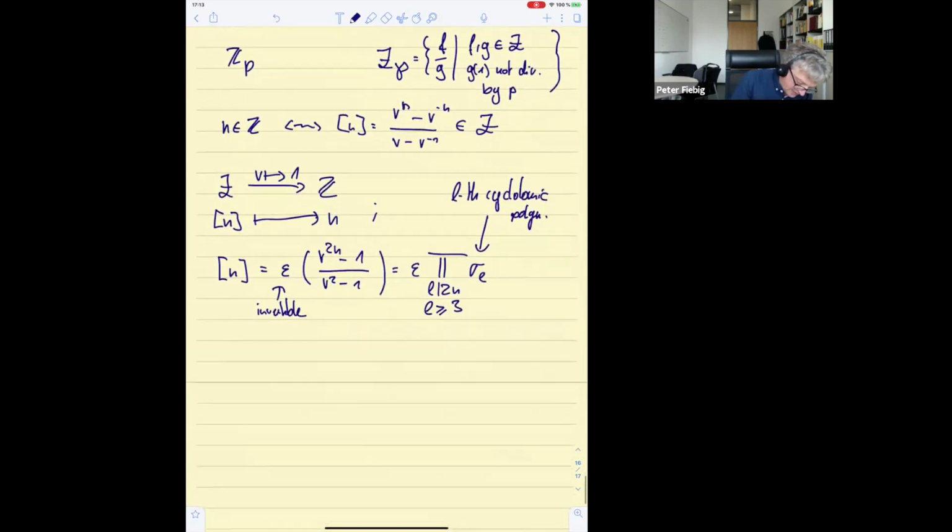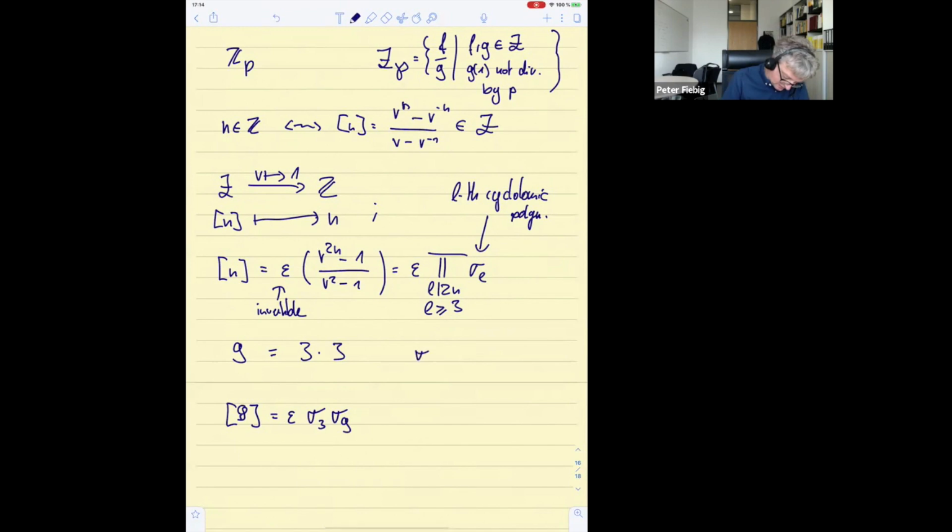So that means, for example, 9 is of course 3 times 3, but quantum 9 is something invertible times sigma 3 times sigma 9. And so it splits into two prime factors, but they are different in this case.